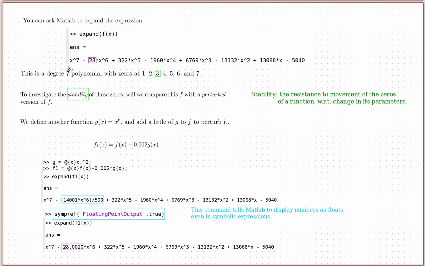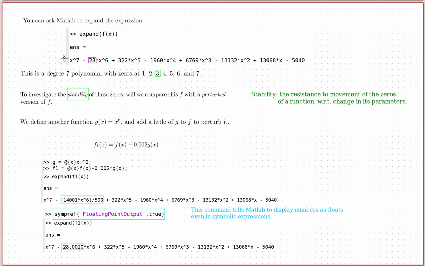Degree 7 polynomial. Now we're going to want to look at the stability of these zeros. In particular, we're going to look at the stability of the zero at 3. But of course, it has zeros at 1, 2, 3, 4, 5, 6, and 7. And by stability, we mean the resistance of the zeros to movement with respect to change in the parameters of the function.